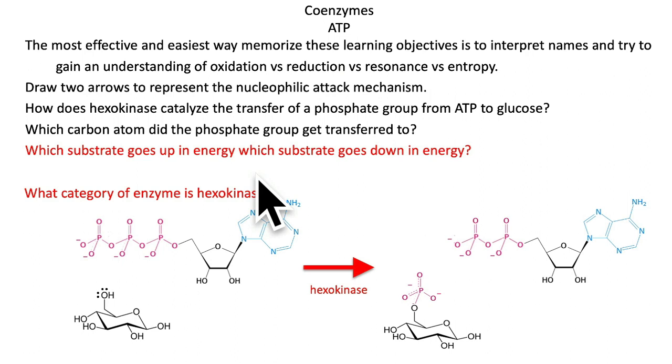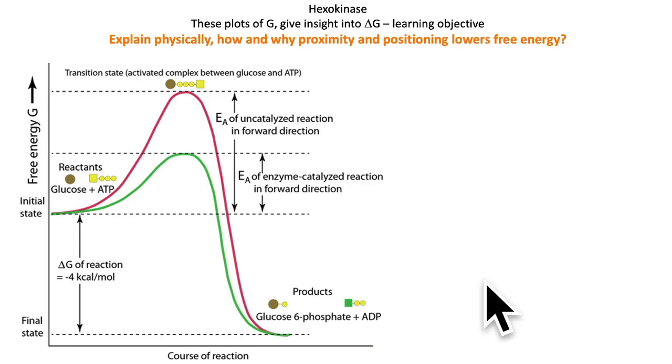Well, it is a kinase, and I would say the earlier category, it moves a phosphate group from ATP to glucose, or it transfers a phosphate group. So this would be in the category transferase. I think it's more important to recognize that it's a kinase. And as we mentioned, when you take glucose and ATP, those are really high energy orbitals.